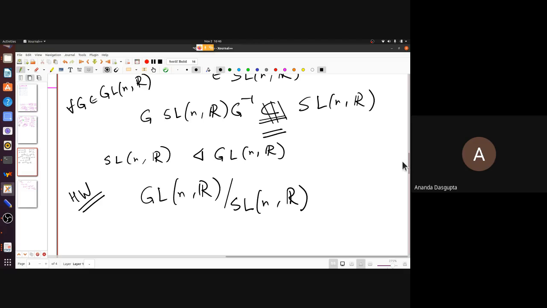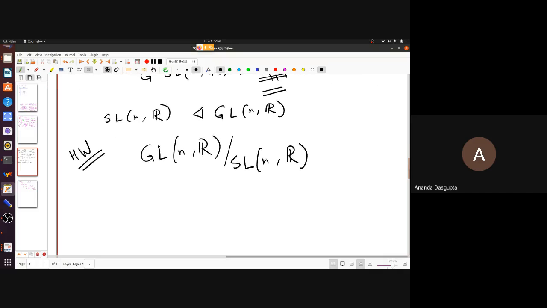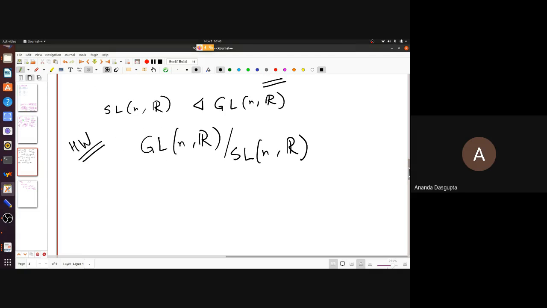But if you work this out, you will find that this turns out to be a group which is very familiar and is something which you all know. It's one of the first examples that we wrote down actually. So I will just maybe worry about what this quotient group really is.